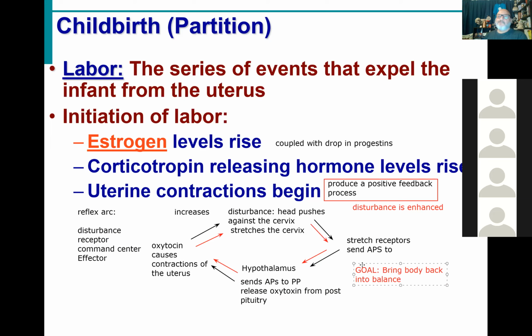Getting the baby out of there. Exactly. Once the baby is expelled from the uterus, then it's no longer pushing against the cervix, and the body is able to reestablish homeostasis. Life is no longer in homeostasis, but at least the body is back in homeostasis.